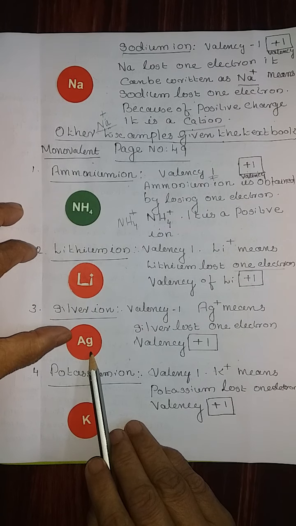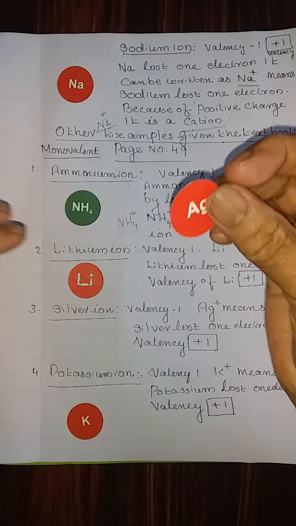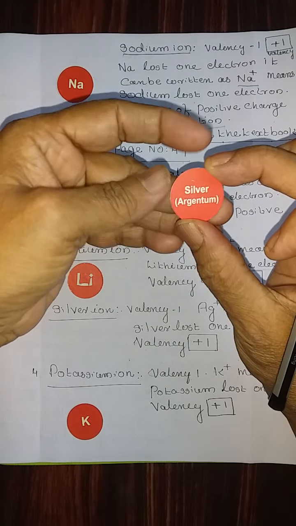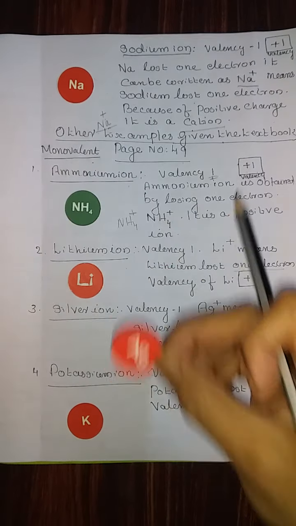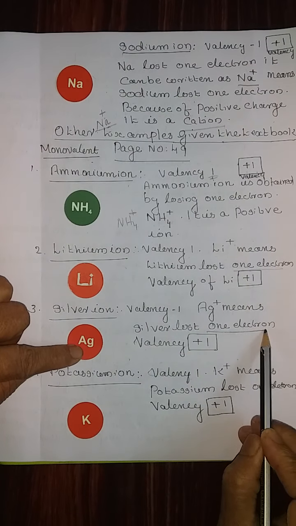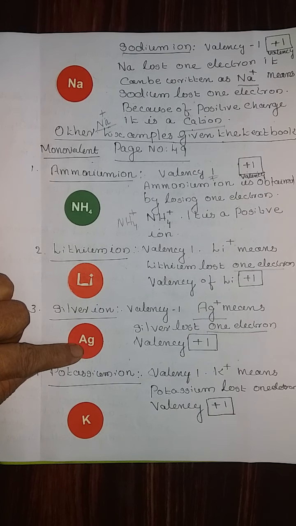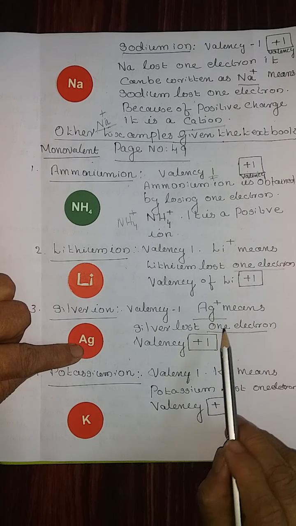Next is silver ion. Silver, you know the full name silver, Latin name argentum, symbol Ag. The silver can lose only 1 electron. Therefore, it can be written as Ag plus. It goes to the cathode when it is subjected to electrolysis.